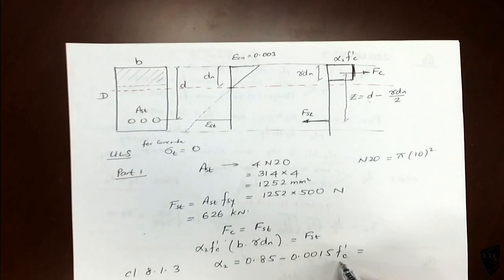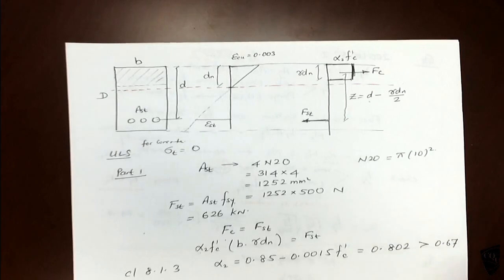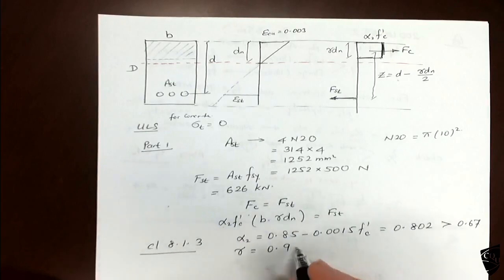If you substitute, you will get 0.802. Just make sure it is more than 0.67, it cannot go below that value. Gamma is given by this equation. Everything is given in this clause.